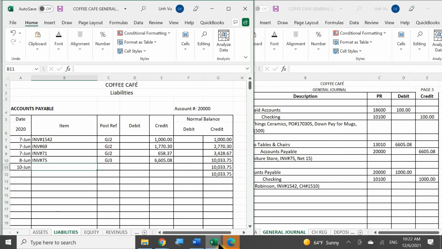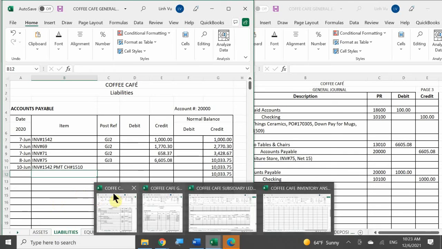So you could say here, invoice number 1542, but then you can say payment check number 1510. So instead of putting my invoice number there, this is saying that I paid using a check number. All right?